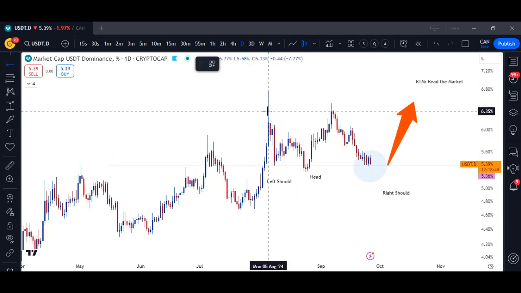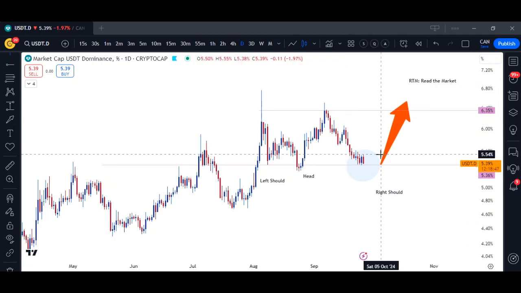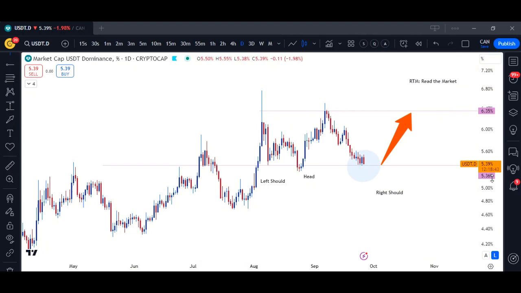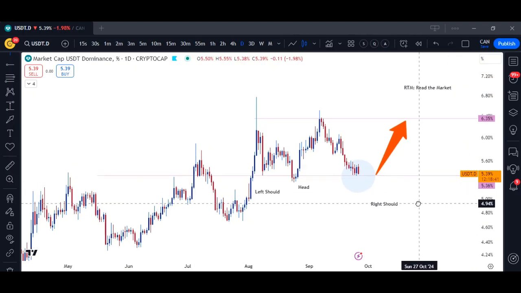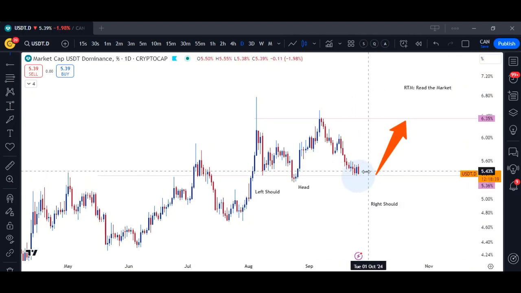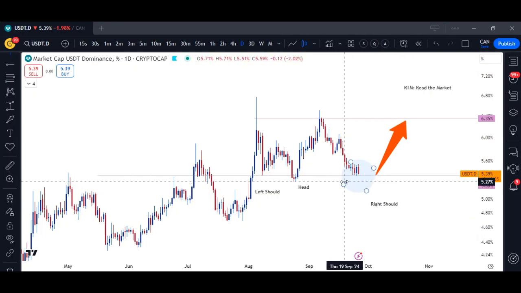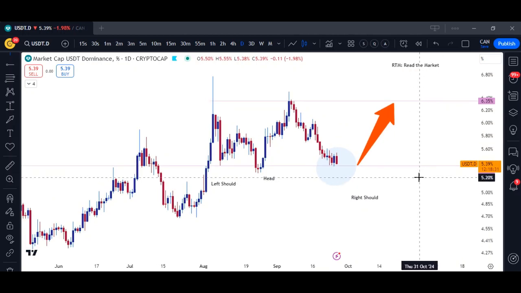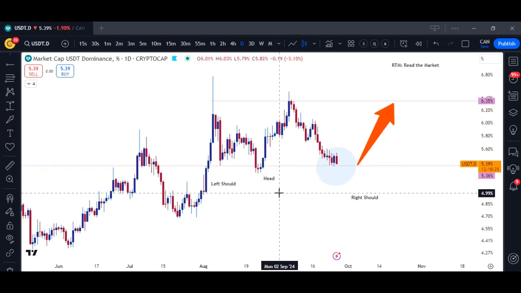We could at least expect a pump from this area to this area, and that could actually make the market bleed. However, this zone is playing and it's not pumping this index, which could give us a sign that maybe we are going to have another pattern forming in this region.